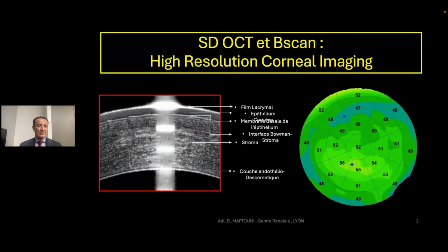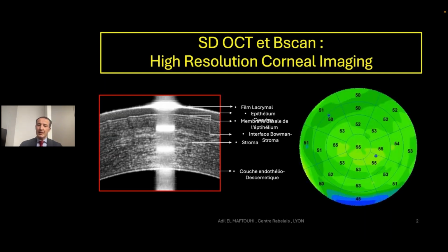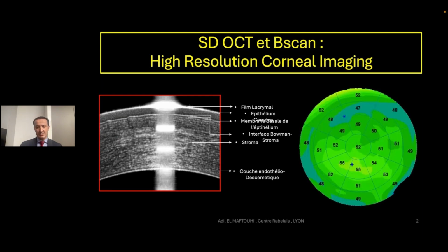The latest development of OCT allows the possibility to analyze and identify the epithelium layer in front of the cornea and gives the possibility to obtain a mapping of the epithelium.